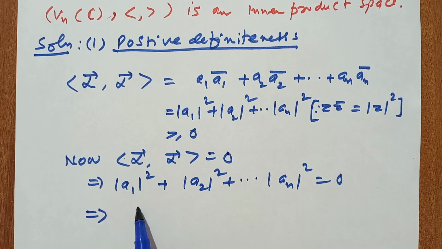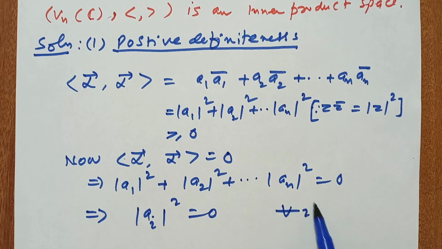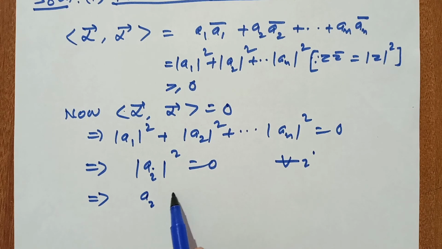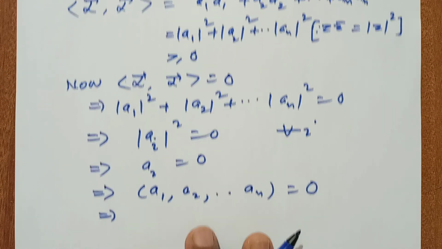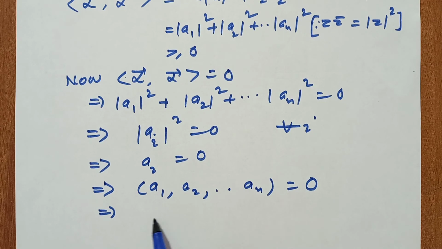This implies mod ai squared is equal to 0 for every i equal to 1, 2, 3 up to n, which implies ai equals 0. So a1 equals 0, a2 equals 0, a3 equals 0, meaning 0, 0, 0.